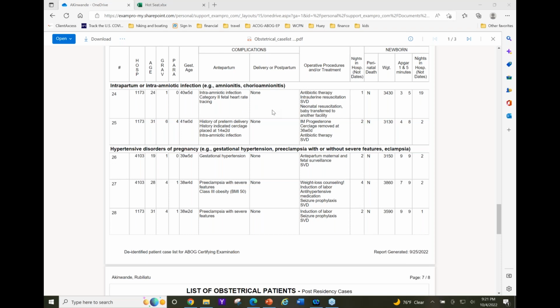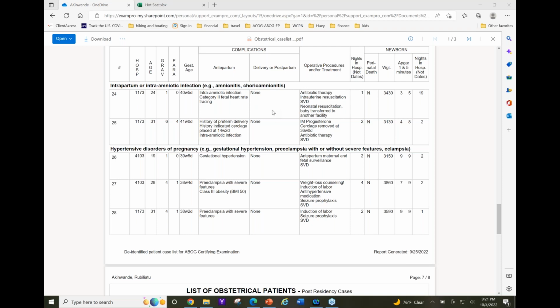And why was the baby in the hospital for 19 days? Do you have any idea? So this is me just stalking the chart at the outside hospital. I wrote this down in my thing and now I can't remember.